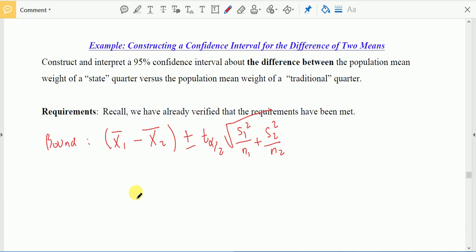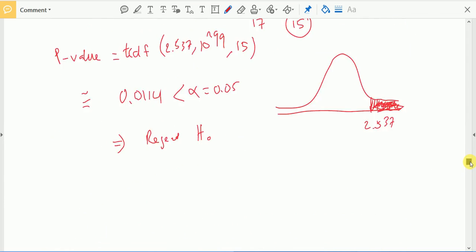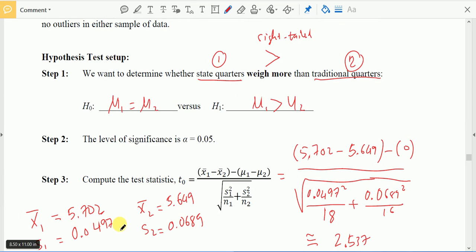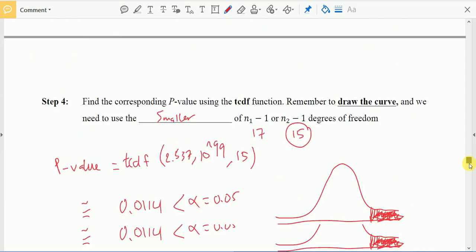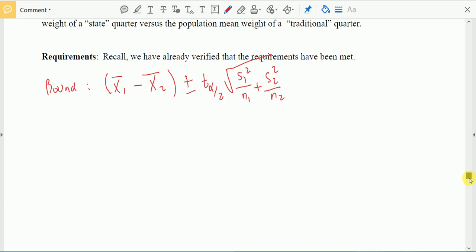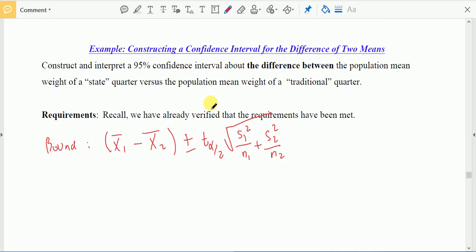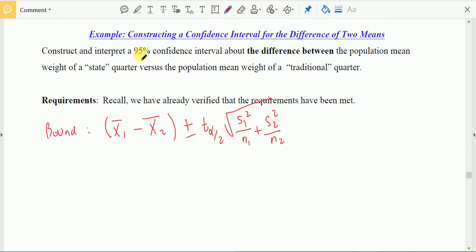We already found all the values of x1 bar, x2 bar, s1, and s2, which are here, the same example. But we don't have the value of t alpha over 2. Now, alpha is what? Remember, this is 95%, so alpha is 1 minus 0.95, or 0.05.